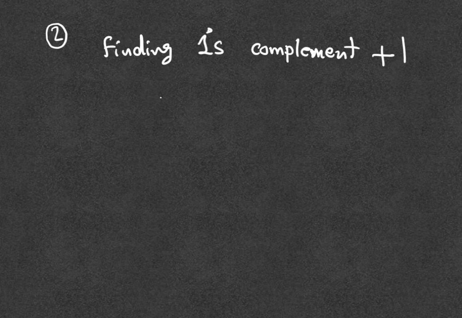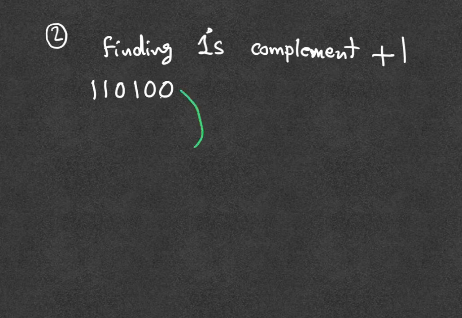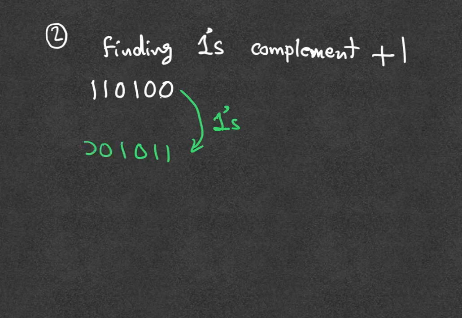That's it. So let's look at our example again: 1, 1, 0, 1, 0, 0. You just find the 1's complement. The 1's complement is easy. You just flip the bits. And then you add 1.